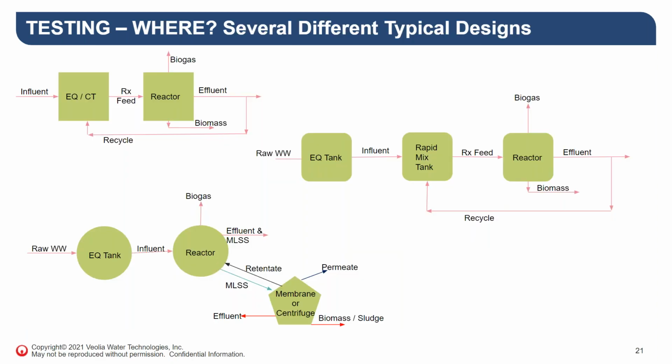So where are we going to test these parameters? Let's just look at our high rate systems, of which there are 2 basic designs that Veolia uses. In the upper left-hand corner, you have what I'll call our old original design, where the influent went into an EQ conditioning tank, and from the EQ conditioning tank, the reactor was fed.